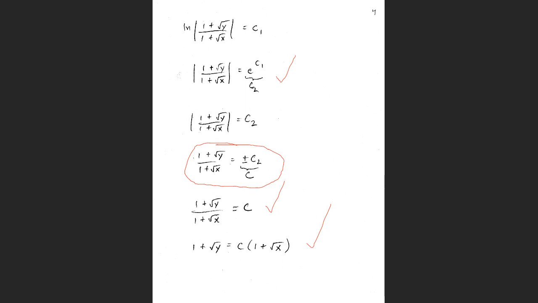All right, so we're basically ready to solve for y. Okay, so what I'm going to do is subtract this 1 to the right-hand side of this equation, which I did. And then I'm going to square both sides of the equation, and now I've got my explicit solution for y.